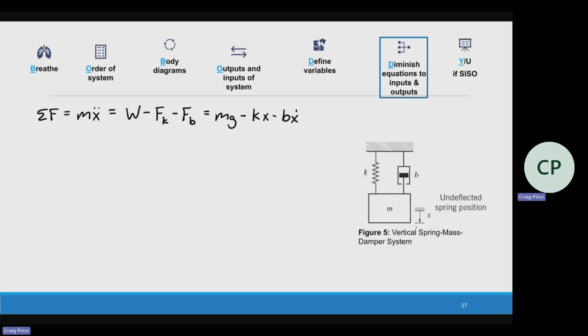So weight, because x is positive going down, we have W, weight, minus the other two. So we can put our definitions in. And we're almost to the transfer function. This is going to be a transfer function because it's got single input, single output. Are there any questions, anything not lining up with what you got that you're not quite sure about?